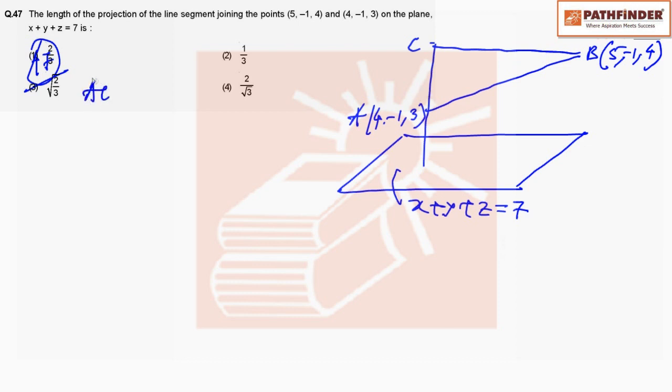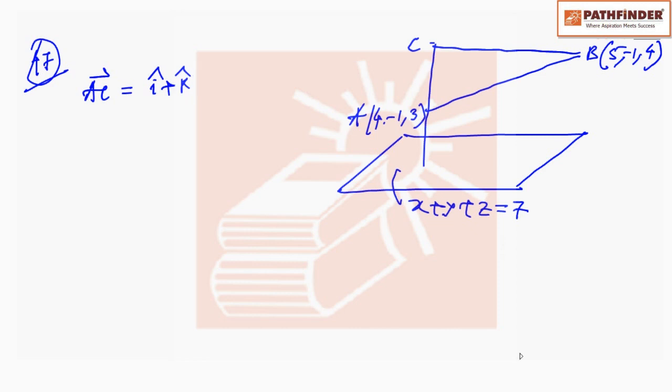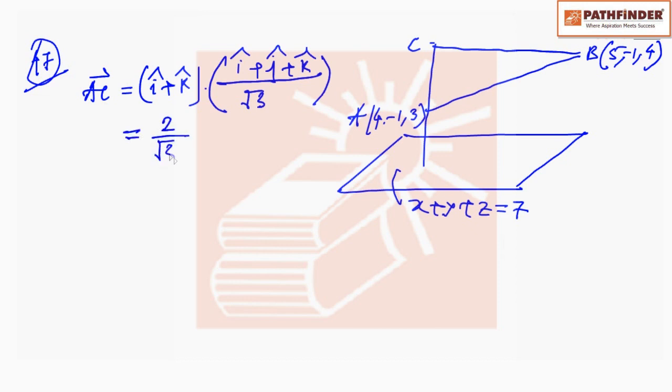So AC is I plus K dot the direction cosines along this line, I plus J plus K by root 3. It will be 2 by root 3.